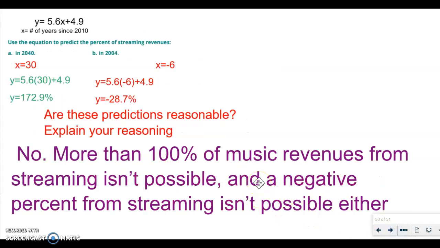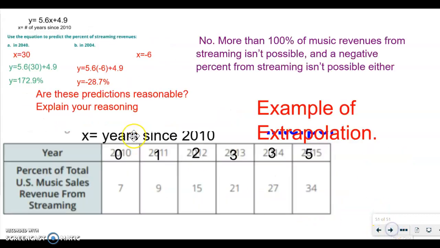No, it doesn't make sense to do that, because in one case, it's more than 100% of the revenue. We can't have more than 100% of revenue coming from streaming services, and we can't have a negative percentage. So this is a form of extrapolation, because I have to have something between 0 and 100%. This shows that anything above 2015 is going to get me a value that doesn't work. It's an example of extrapolation.